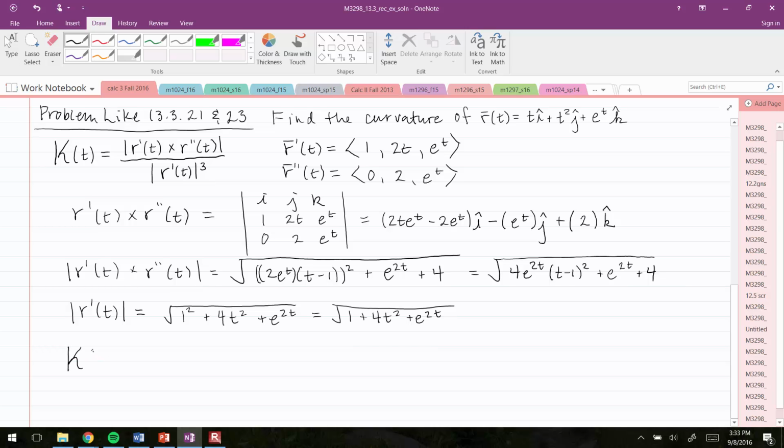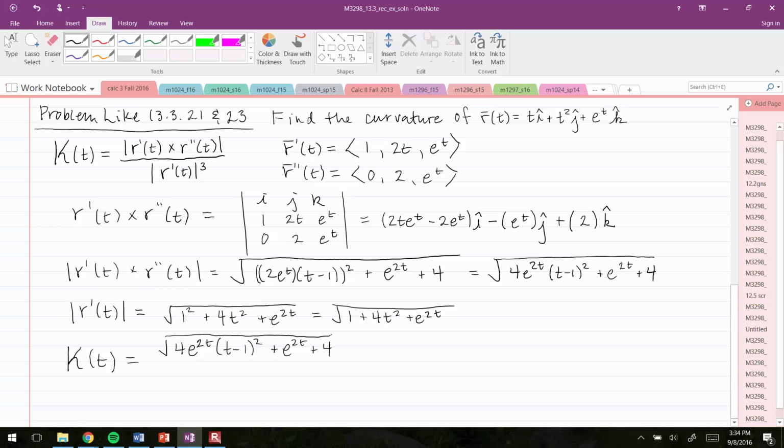So where I got 2 for the cross product's magnitude of the first and second derivative of the vector function, just rolls off your tongue, is root 4e to the 2t times t minus 1 squared plus e to the 2t plus 4.